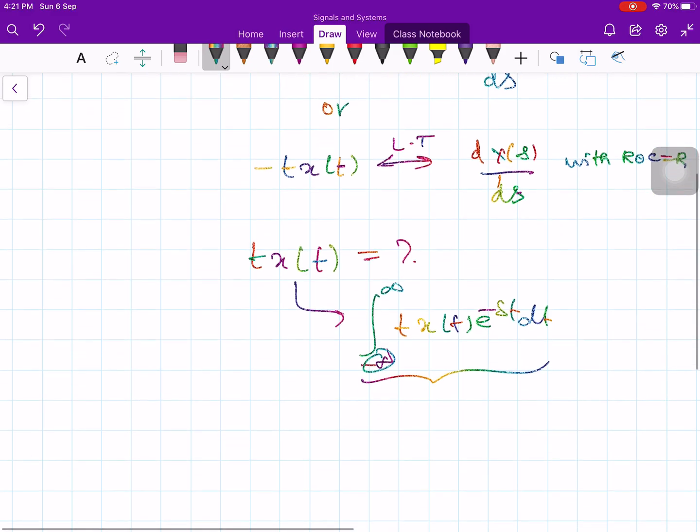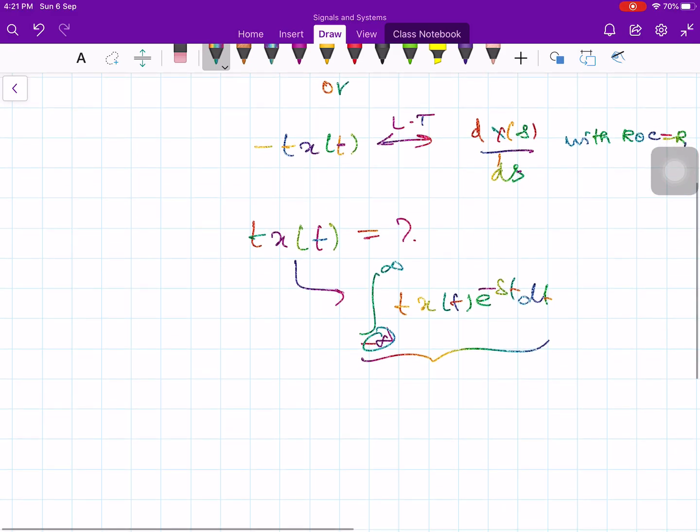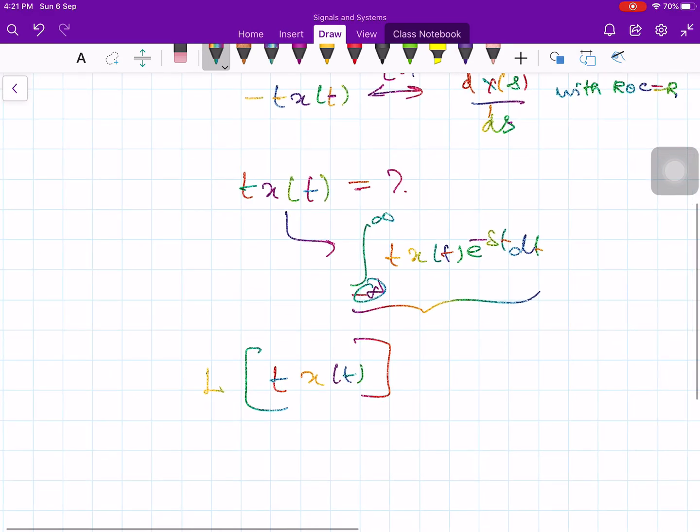So we know the Laplace transform of x of t. Now we want to find out t times x of t. What you do is this: it is equal to the integral from 0 minus to infinity of t times x of t e to the minus st dt.